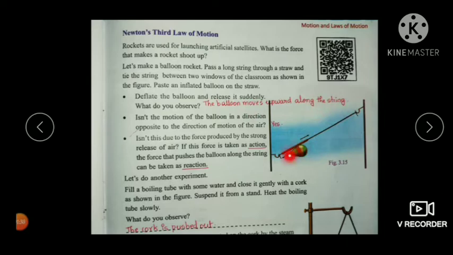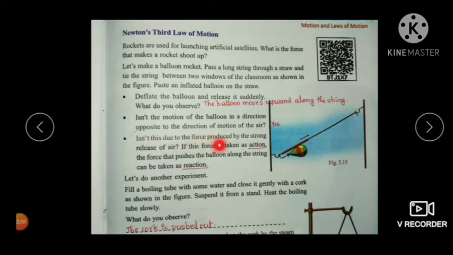When the air goes in one direction, the balloon moves in the opposite direction. Isn't the motion of the balloon opposite to the direction of motion of the air? Yes, they are opposite to each other.